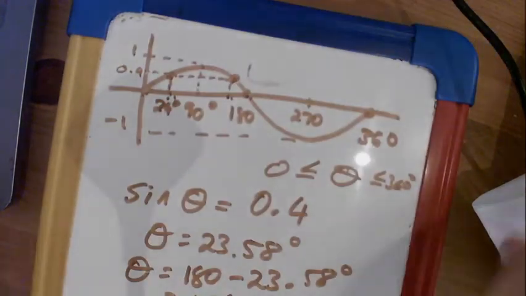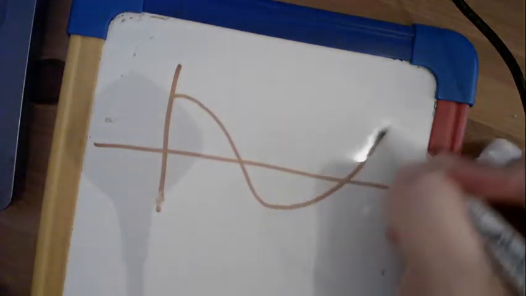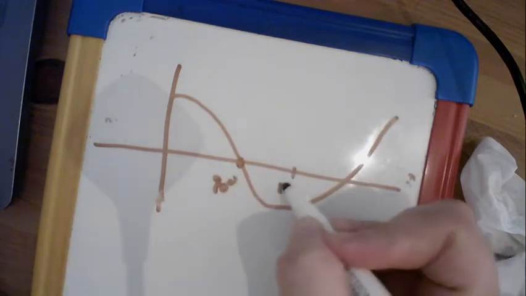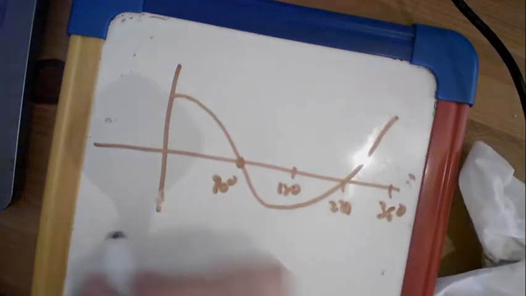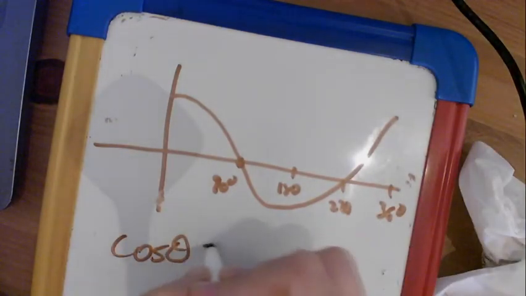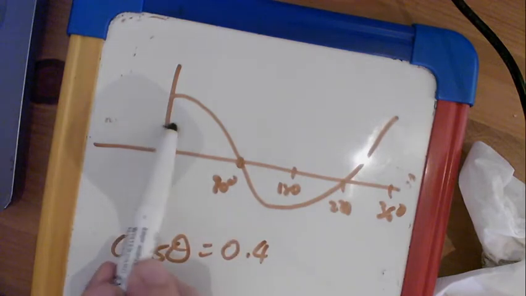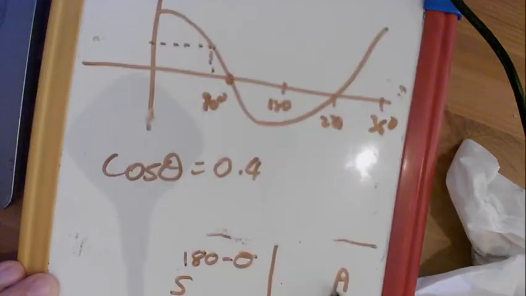So, same kind of story. Let's have a look at the cos graph. So in a cos graph, it starts at the top, goes down, goes back up again. That there is 90, 180 is in the middle, 270 is here, and 360 is there. Say here we had that cos theta was equal to 0.4. I'm not going to work it out this time, but there's my first solution, which is actually in this one here, in all.